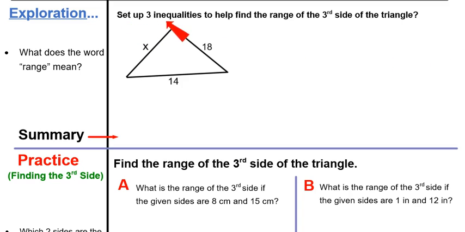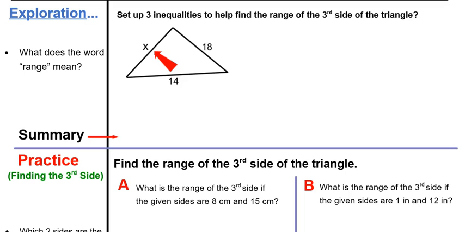It says set up three inequalities to help find the range of the third side of the triangle. It's hard to know if that x right there is more or less than 14 and 18. So we need to set up a set of three inequalities, greater than, less than problems, to figure out what range of values we can have for our third side.